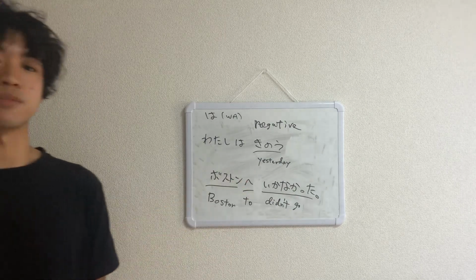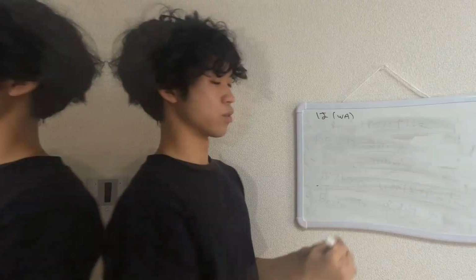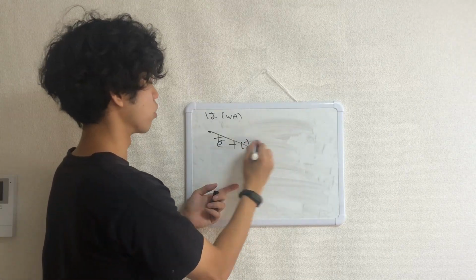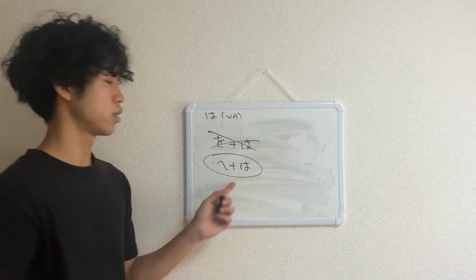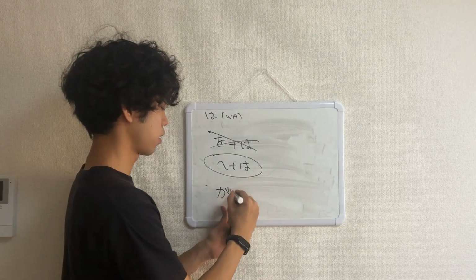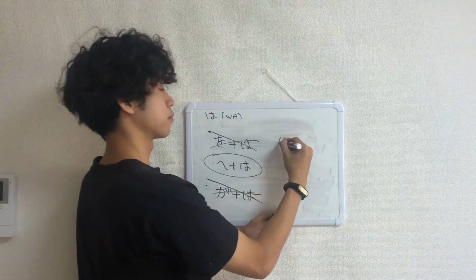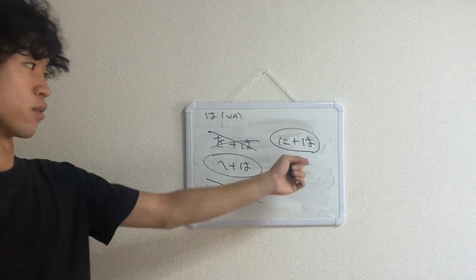And wa is also a particle, and there are particles that you cannot use together. So, o wa, no. E wa, yeah. Ga wa, no. Ni wa, that's a cute couple. They look alike.